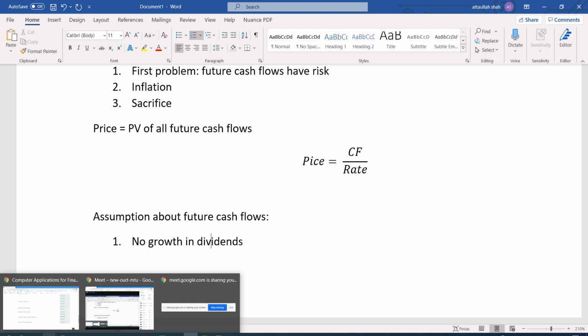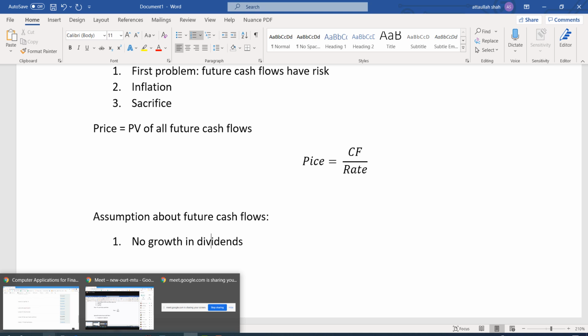We can assume that their dividends will remain constant. So if a company is paying 2 rupees dividend today, what will be the dividend it will pay in the next year if there is no growth in the dividends? Of course, the same amount, it will be 2 rupees.